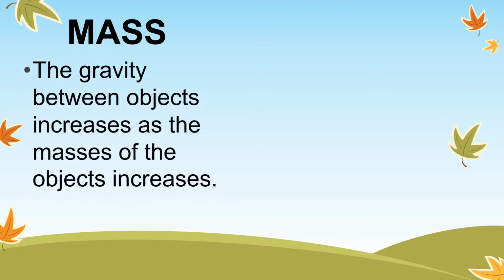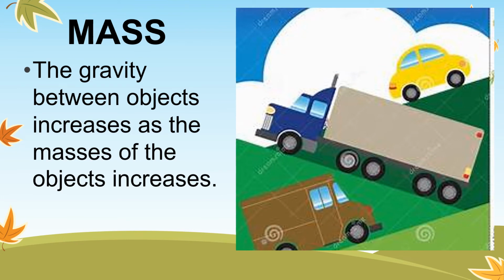The gravity between objects increases as the masses of the objects increase. We say mass is the composition of an object. It is the matter inside an object. In terms of gravity, the greater the mass is, the greater the force of gravity is present.